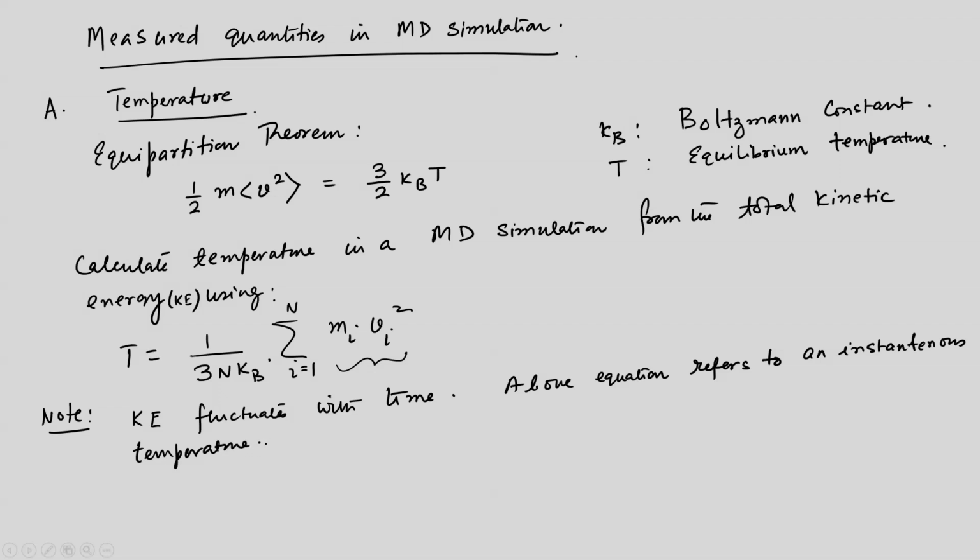And one can go back and write this as an equilibrium temperature. This instantaneous temperature is different from the equilibrium temperature, and so it changes value as we move from one time step to another.